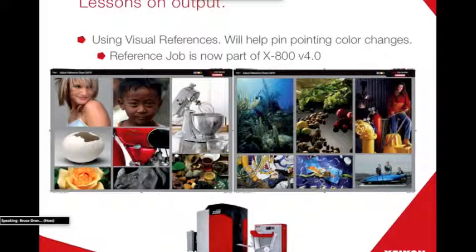We can use visual references, and we've now supplied some files; these files you see are now on the CD of version 4 of the X800. These images are all in balance, and if we print them on a good printing condition, we can use that as a reference point when chasing down problems.